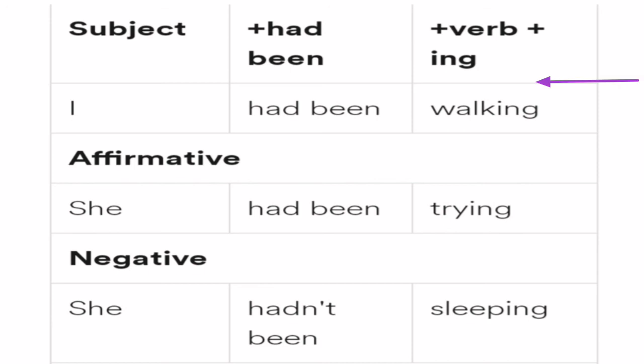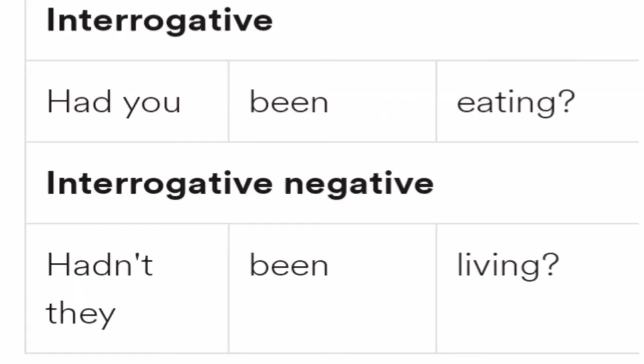In affirmative, she had been trying. In negative, she hadn't been sleeping. The interrogative form is had plus subject plus been plus verb ing, like had you been eating? Interrogative negative, hadn't they been living?